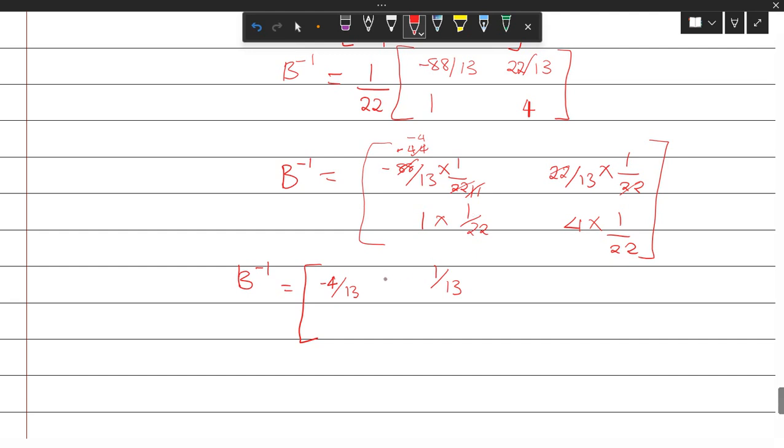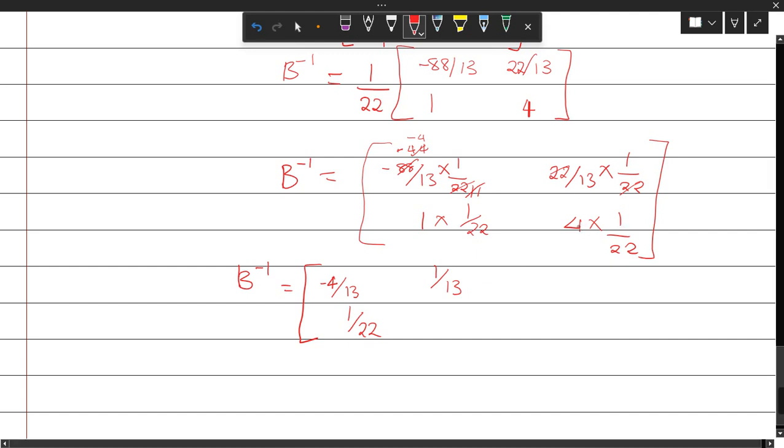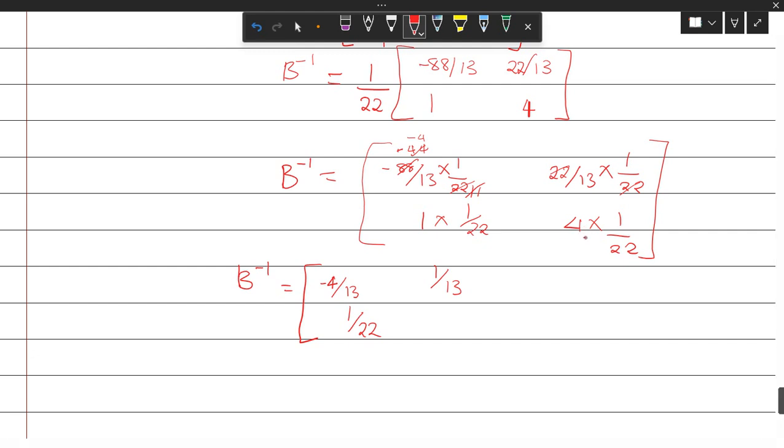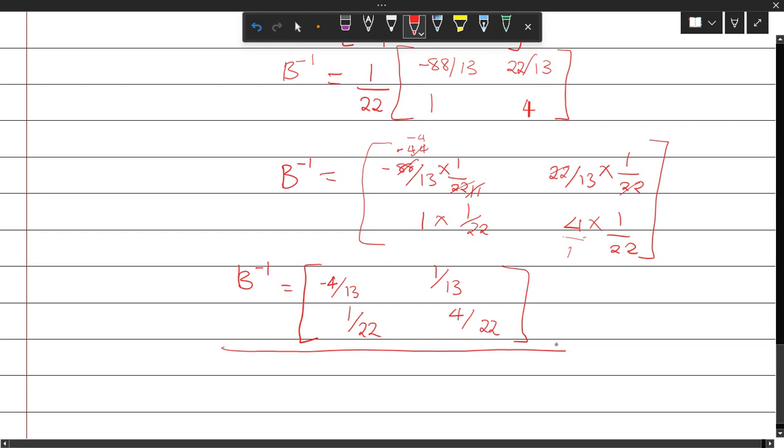Then 1 multiplied by this will just be 1 over 22. Then 4 is the same as 4 over 1. So we are multiplying 4 by 1, which is 4, and 1 by 22, which is 22. So this will be 4 over 22. So this is your inverse.